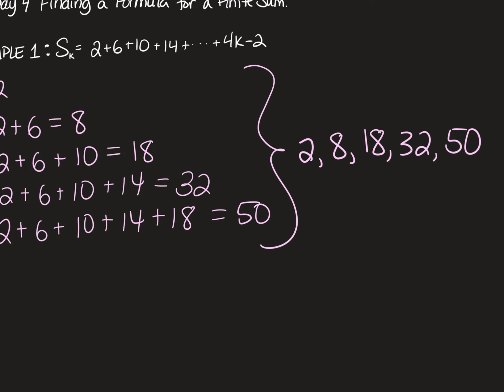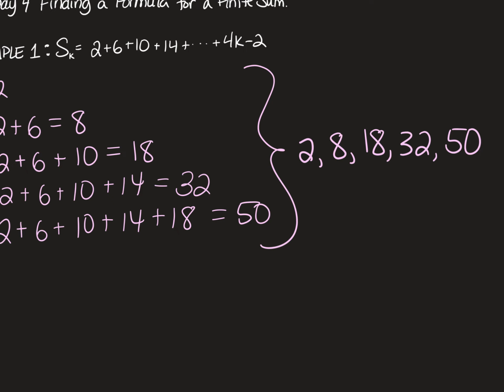I gave you a sequence of numbers and I said, come up with a formula that will generate the nth term. And that's exactly what we're going to do now. It's like we're kind of rewinding a little bit. So I want to think about, what are the ones that I know how to write really easily? Like arithmetic and geometric. So I'm going to check.